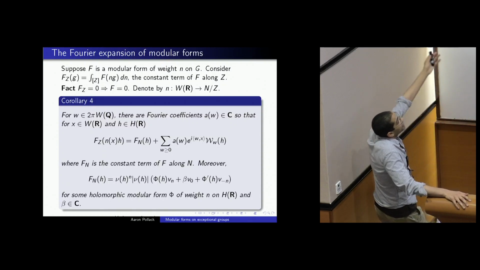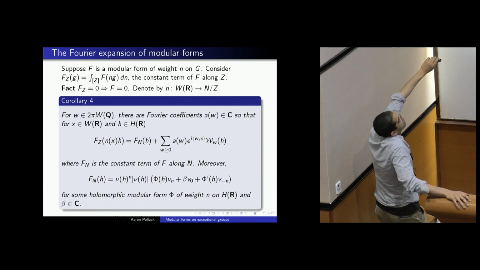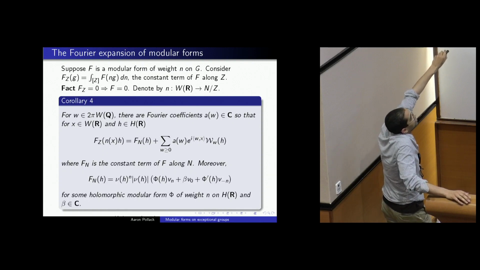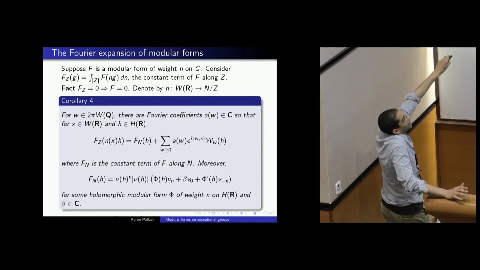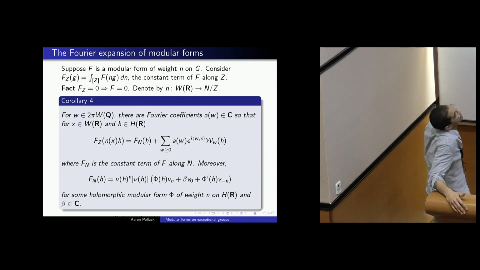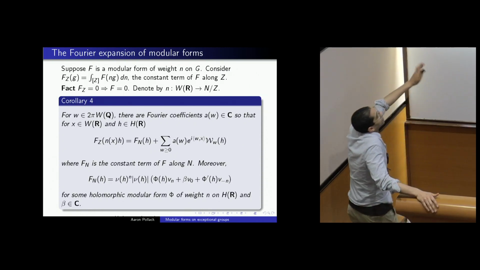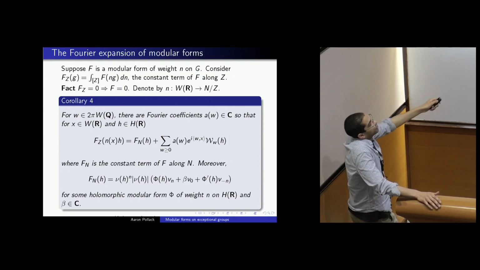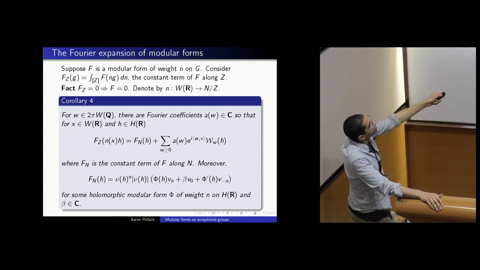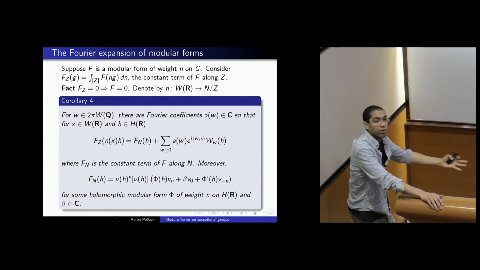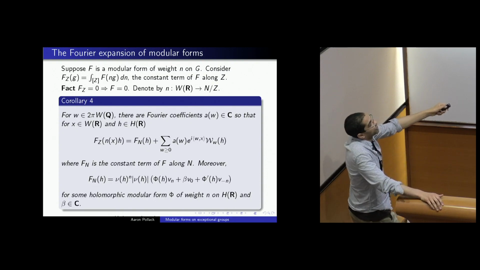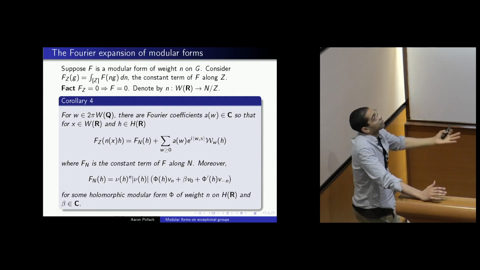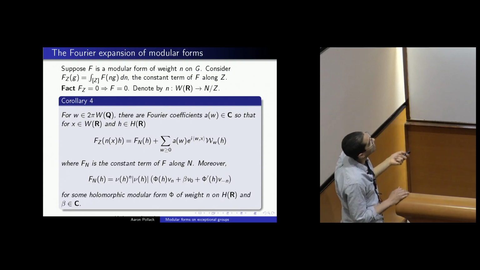And then the statement is that if you have some modular form F, say of weight n, then for each w in this symplectic vector space, or 2 pi times the rational points of the symplectic vector space, there are complex numbers a of w, so that when you restrict this constant term of F along Z to n of x times an element in this Levi, then you have this Fourier expansion. So the first term is the constant term along the whole unipotent radical, and then the other terms are just the non-trivial Fourier coefficients.